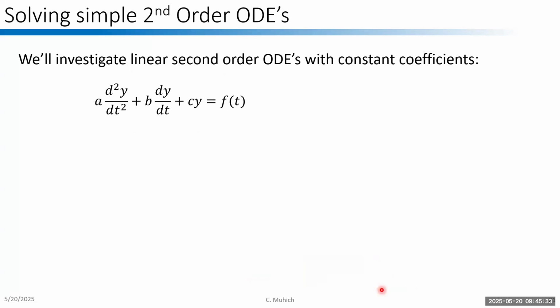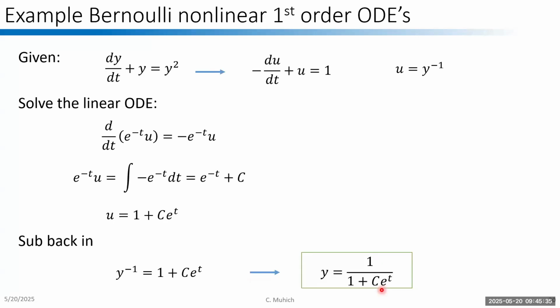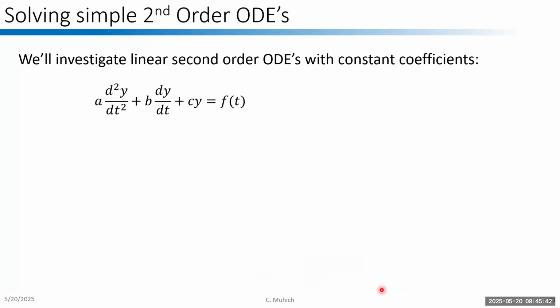With that, we've covered all of the methods that we're going to be covering to solve first order ODEs. Let's now investigate second order ODEs, which have constant coefficients.